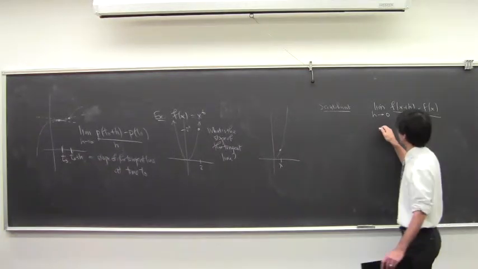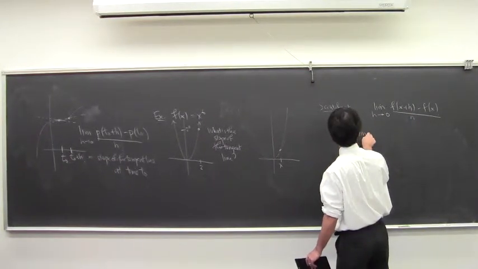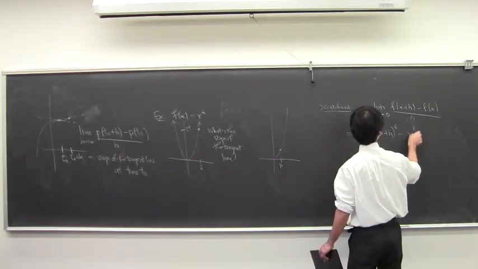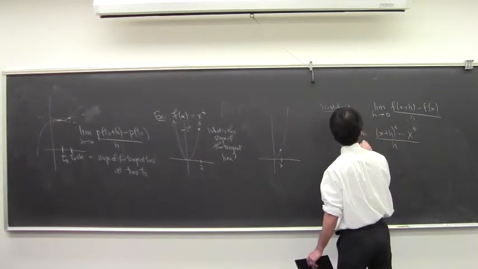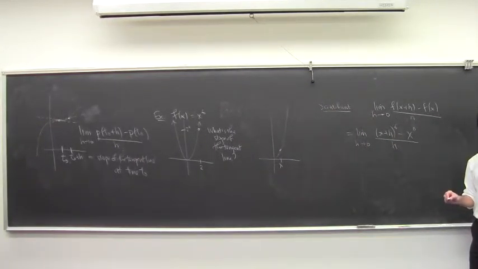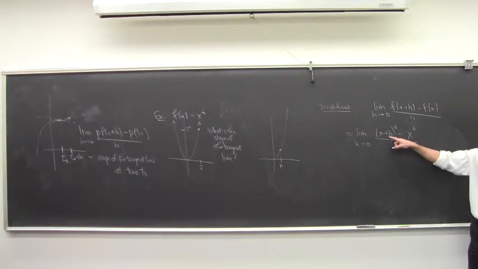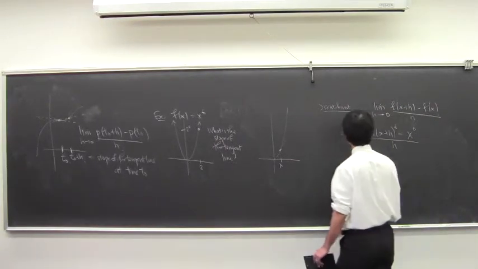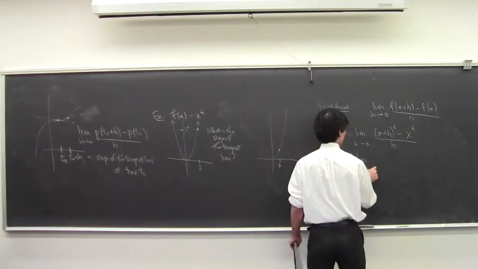So this is going to be the limit of (x plus h) to the 6th minus x to the 6th, over h, as h goes to 0. My function was the x to the 6th function, so that's what I get. And then h goes to 0.